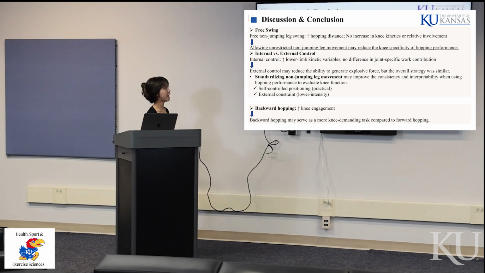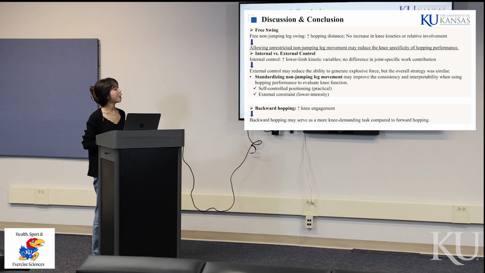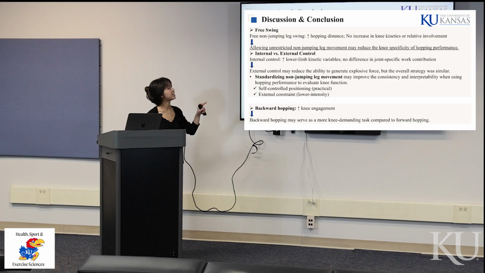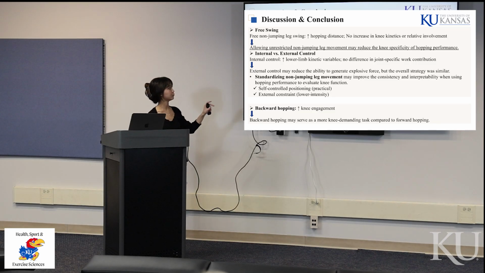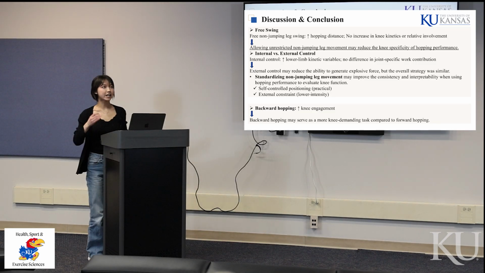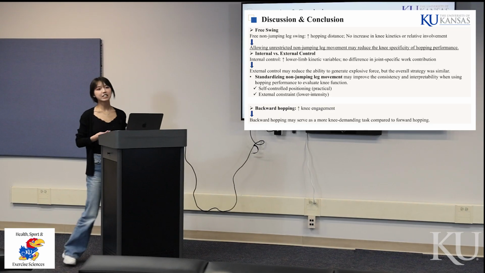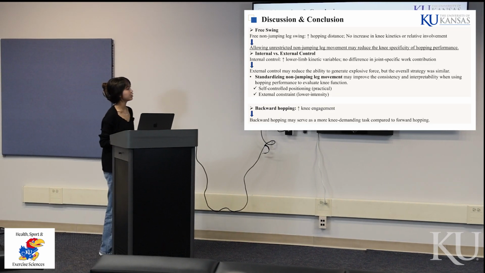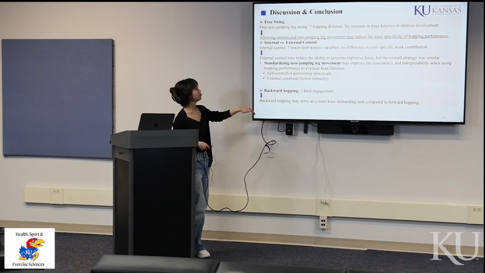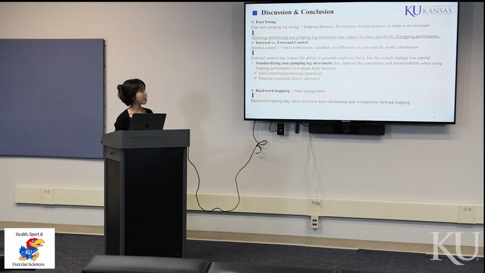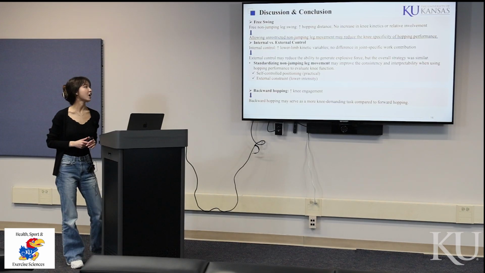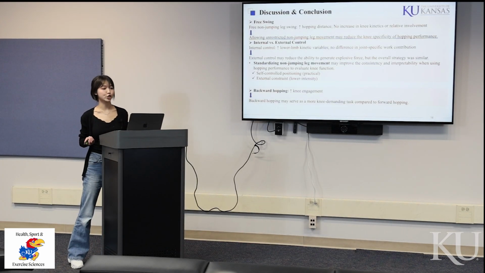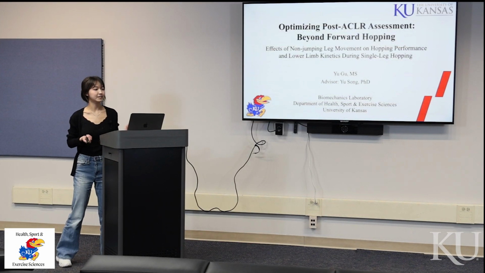As such, we think self-control positioning may be a practical way to restrict the non-jumping leg, and the external constraint condition can serve as a low-intensity alternative. In addition, for the task effect, the backward hopping also showed greater knee engagement, so it might be a more sensitive task to assess knee function. Okay, and that's it.